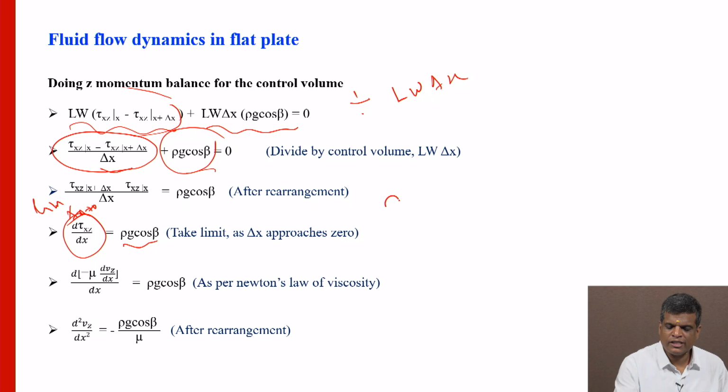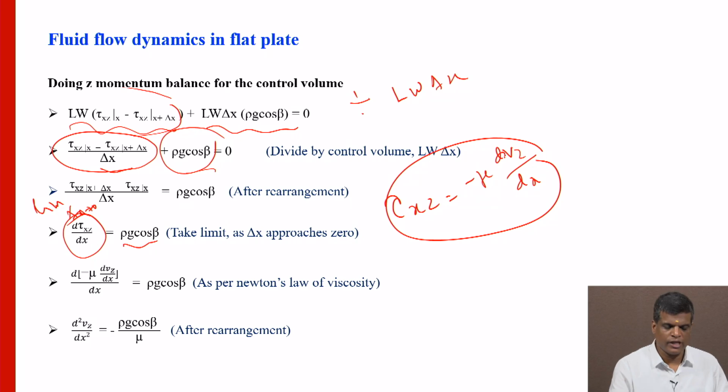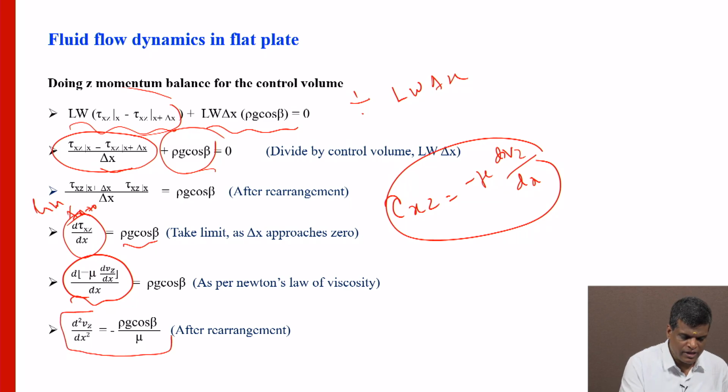and we get d tau x z by dx equal to rho g cos theta. Then tau x z we can write as minus mu dv z by dx, which is Newton's law of viscosity. Once this is done, we substitute Newton's law of viscosity and differentiate, so we can write d square v z by dx square equal to minus rho g cos theta after rearrangement.